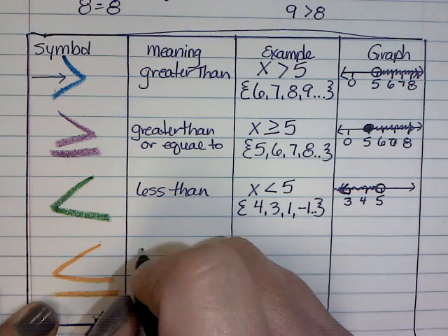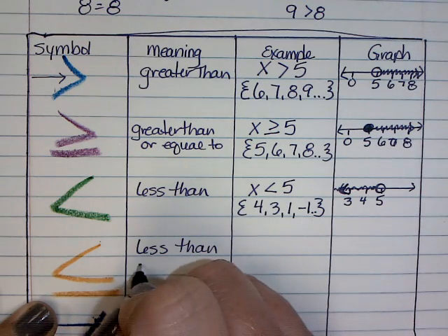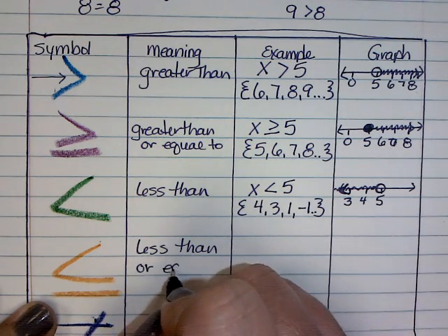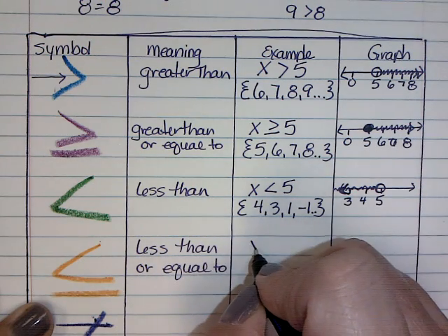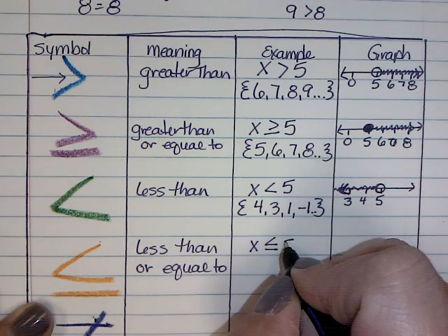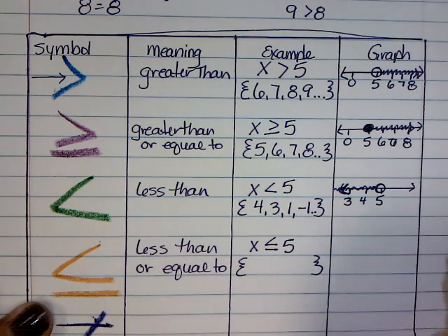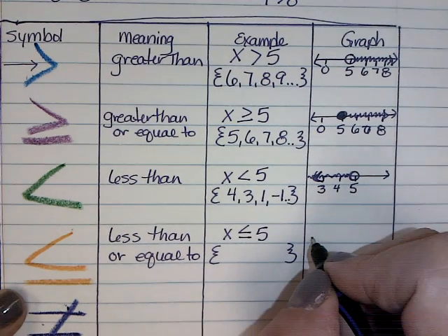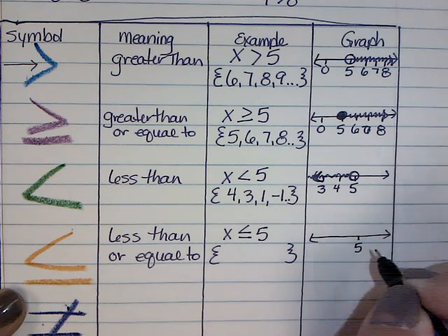Taking a look at the next one, this is going to be less than or equal to. Again, x is less than or equal to 5. Go ahead and make my solution set. If I write my graph to this, I'm going to put 5 in the middle.